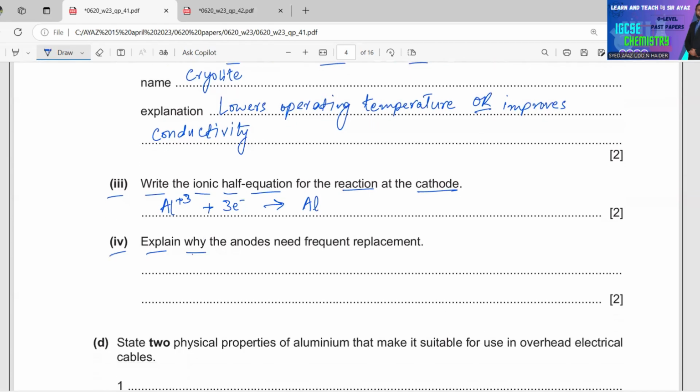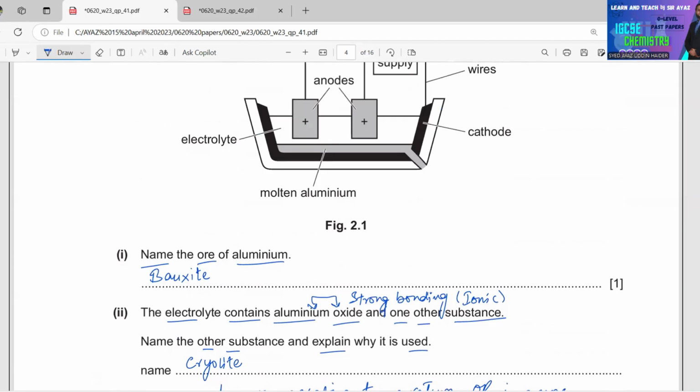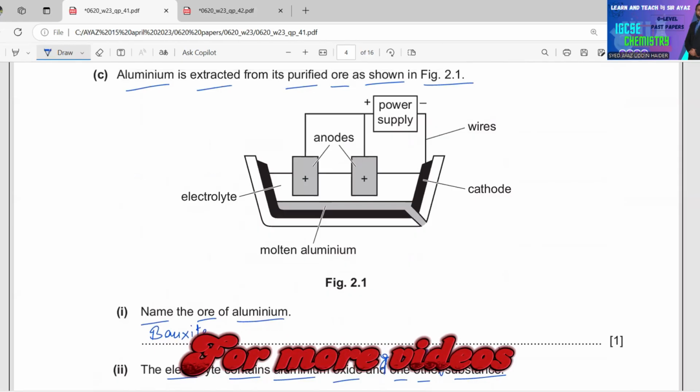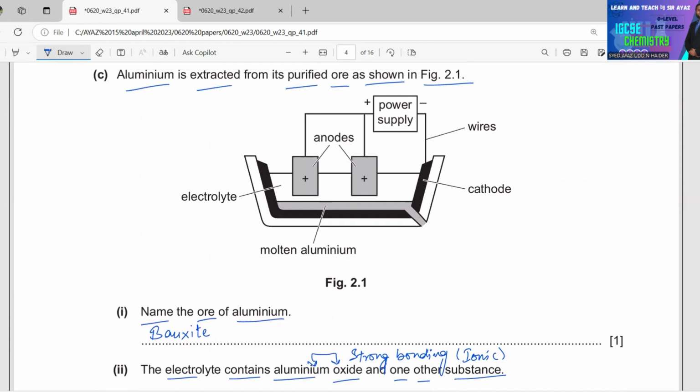Number 4, explain why the anodes need frequent replacement. Now at anode, you look at this anode, these are the anodes. They are made up of graphite, carbon graphite. The temperature is very high. This graphite gets oxidized, or it reacts.